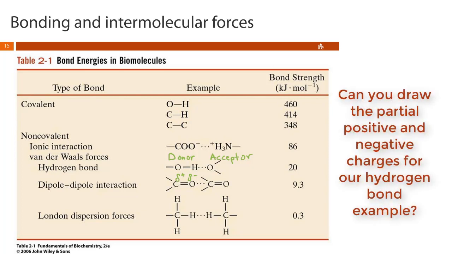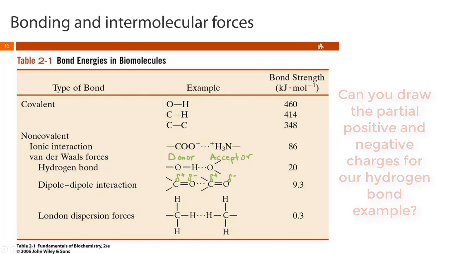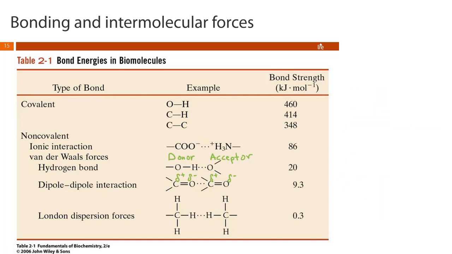Same thing with this neighboring carbonyl right here: a partial positive on this carbon and a partial negative on this oxygen. And this partial negative from the first molecule is going to interact with the partial positive on the second molecule. As you can see from the numbers on the right, on average, that's only about half as strong as a hydrogen bond.